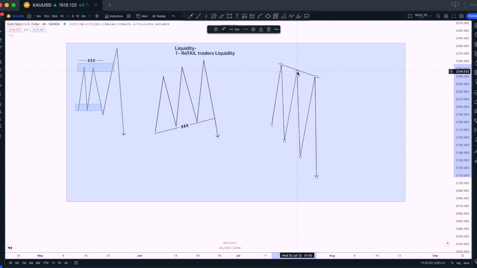You have to think about where the majority of the people are putting their trades, and you have to trade against them. So let's say everyone is putting a sell at this position, which means that that is creating a liquidity. So for you to not be in that, you have to put a buy, as just an example, or you have to put the sell after they have been swept off.